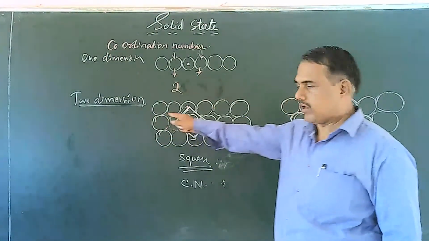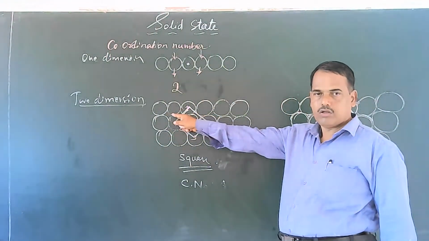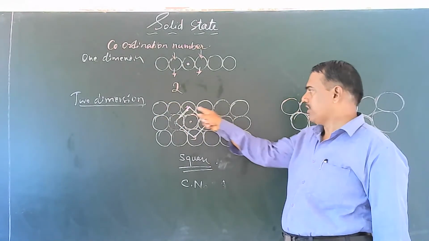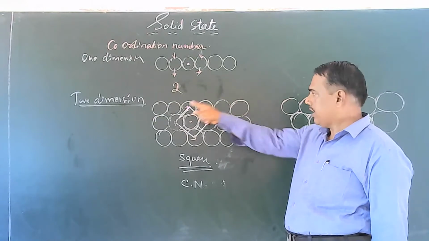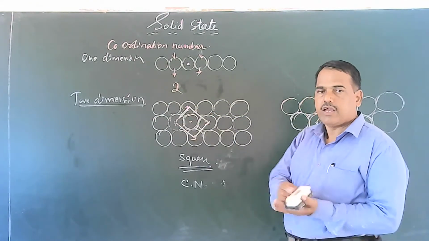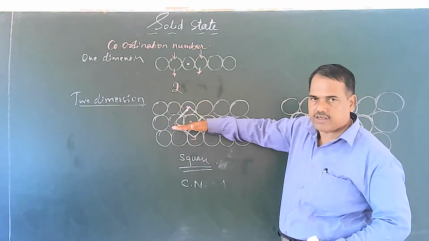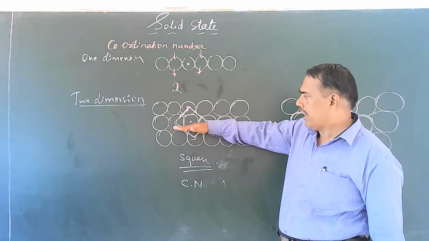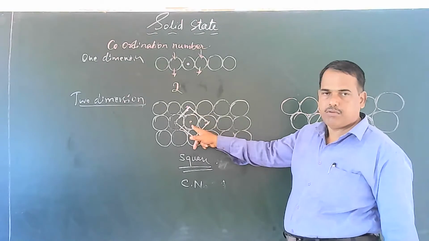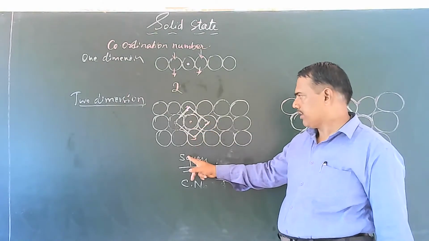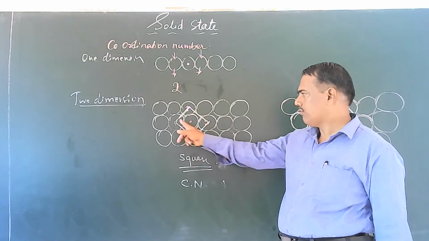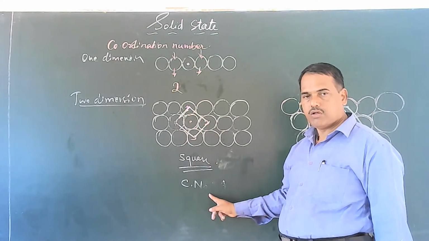If you go for this diagram, clearly you understood? See, in these spheres, the second layer is placed exactly below the first layer. And what is the coordination number? Its coordination number is, see, 1, 2, 3, 4. Coordination number is 4.